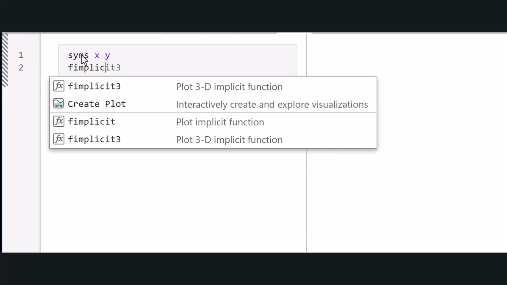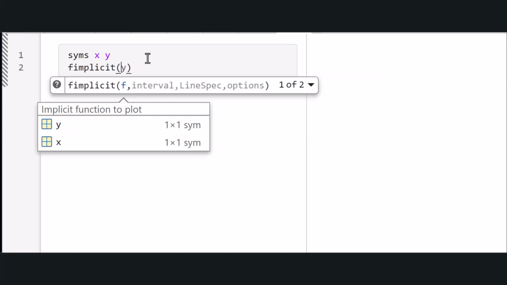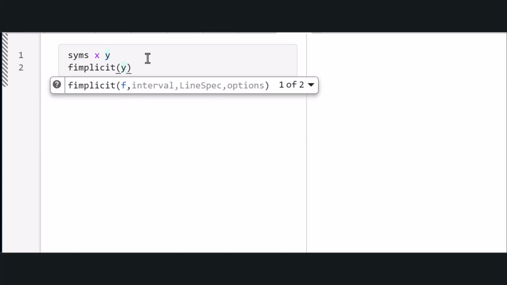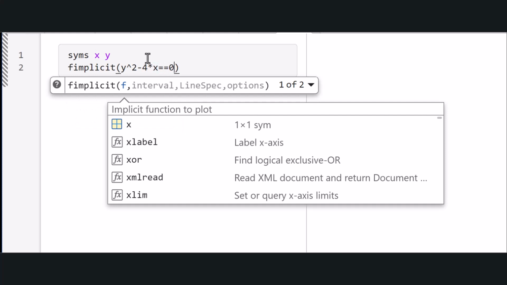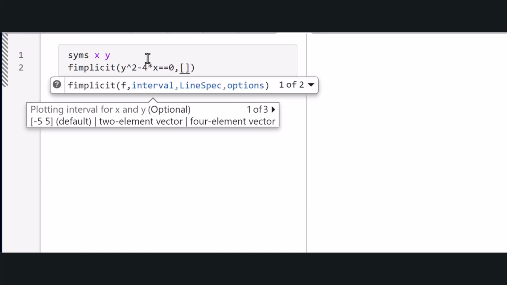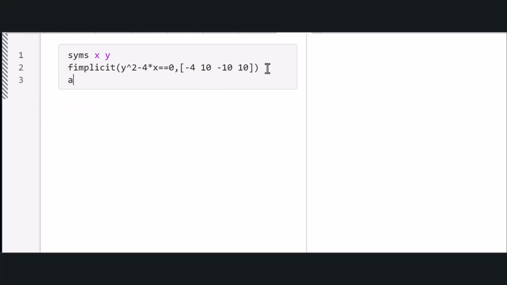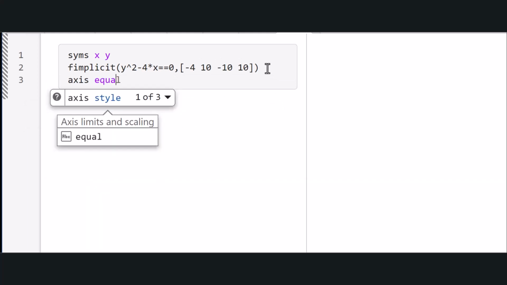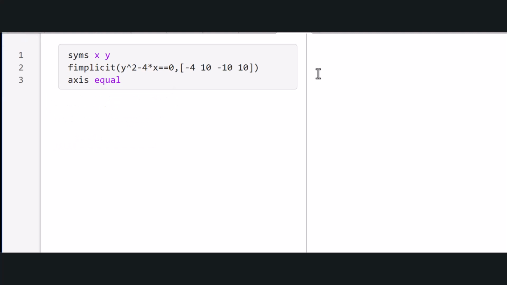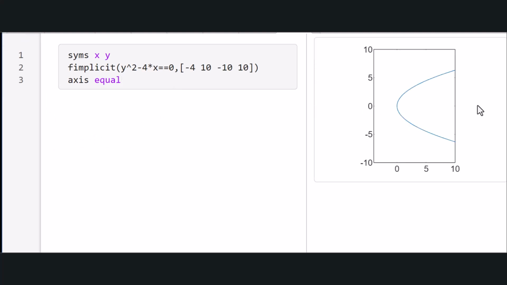We have symbols x and y, and we are going to make an implicit plot of y squared minus 4 times x equals 0, and our coordinates are going to be, let's take x from negative 4 to say 10, and then y from negative 10 to 10, and let me see if I get the parabola. It should. Yes, so we have the parabola here.